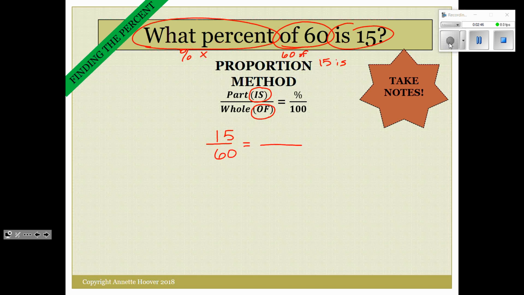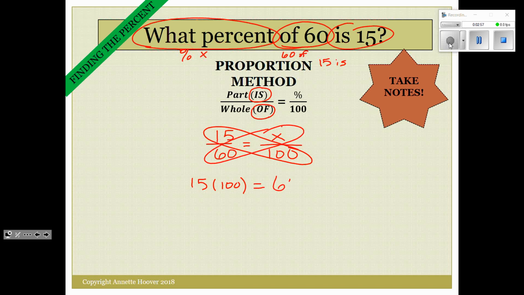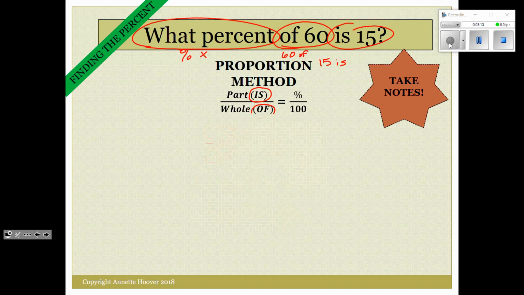Our second one, we're looking for the percent over 100.